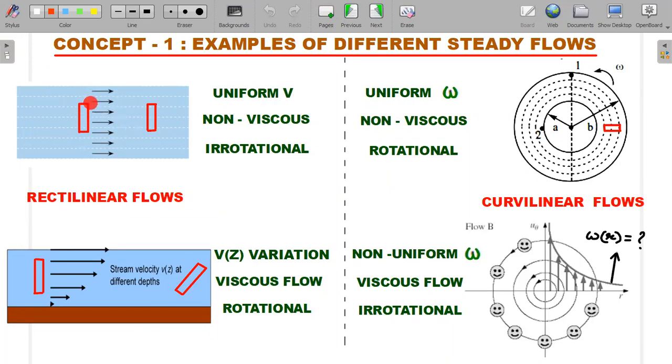Because of the flow, the top point and the bottom point of this rod move with the same speed. So you'd see that after some time, when it comes here, the rod will not change its orientation, or can I say it is not rotating. Such a flow is called irrotational flow.